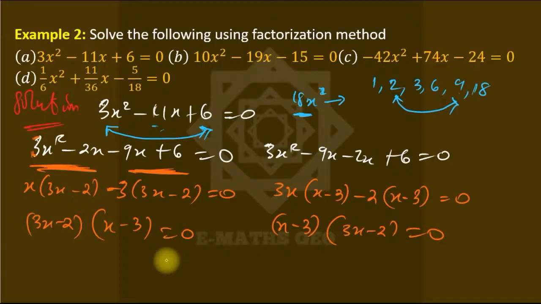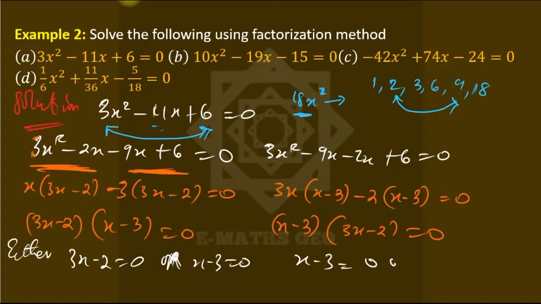From our basic knowledge, for the product of two numbers to be 0, either one of the numbers is 0, but we don't know which one. So it's either the first one is 0 or the second one. Remember, I'm just using this as I'm solving. Next time, just choose any one and solve.